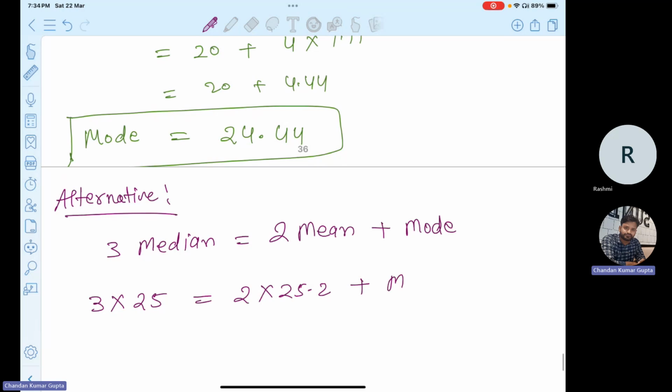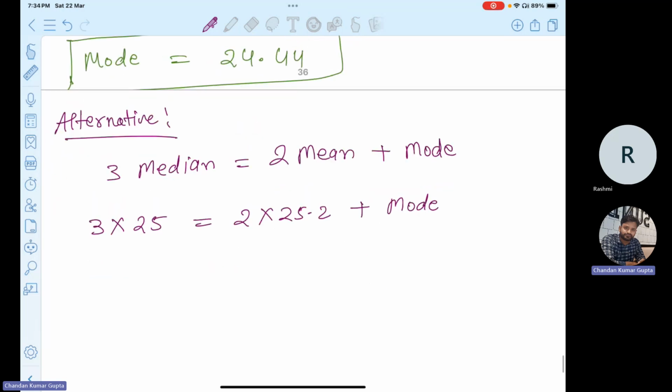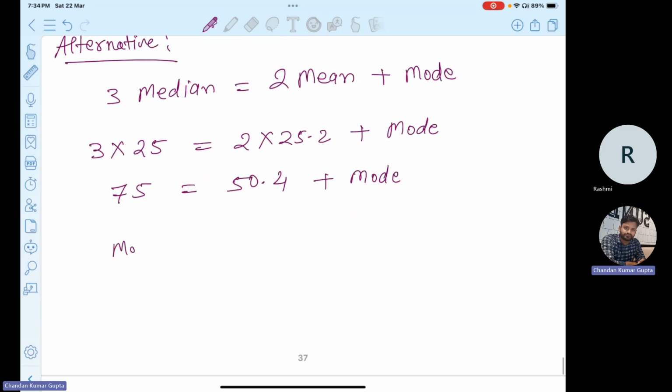And suppose we don't have the mode value. So now 3 into 25, it's 75, equal to 50.4 plus the mode value. And then mode is actually 75 minus 50.4. This comes out to be 24.6. Okay, this is the mode value.